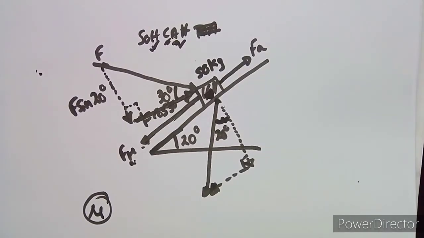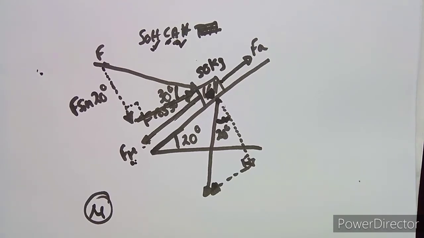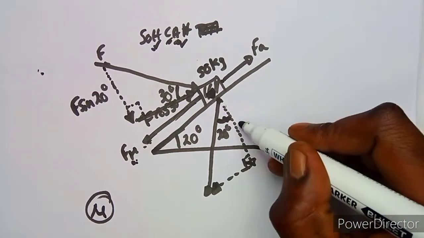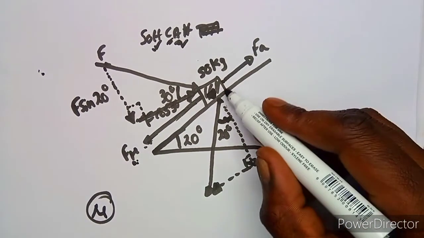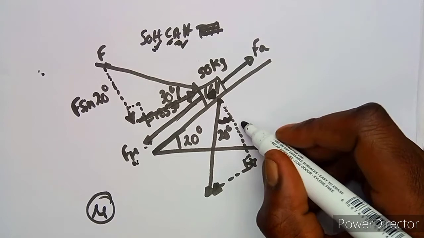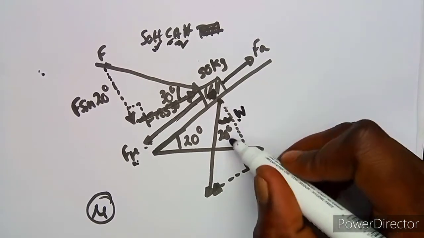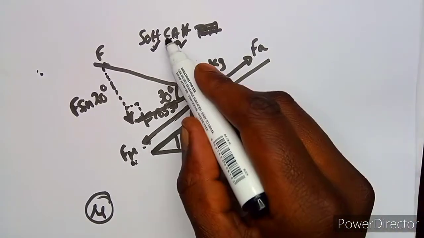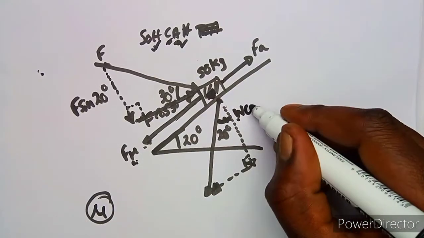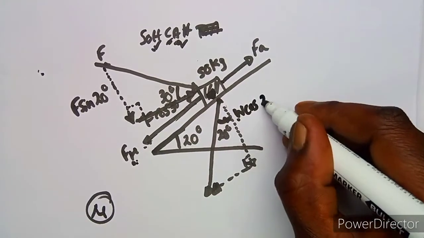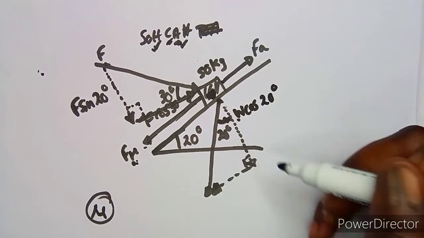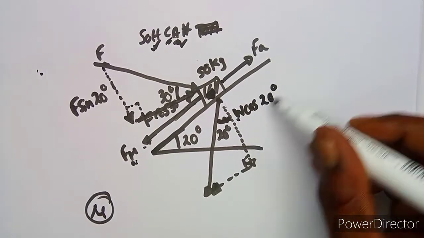So from the mass of 50 kgs, what are we going to do with this mass? It is going to give us this, which is supposed to be mg, which is W here. So it's going to be W cos, because it's on the adjacent, so it's cos. So it's going to be W cos 20 degrees, the angle that we are given here, which is 20. But this W is mg.